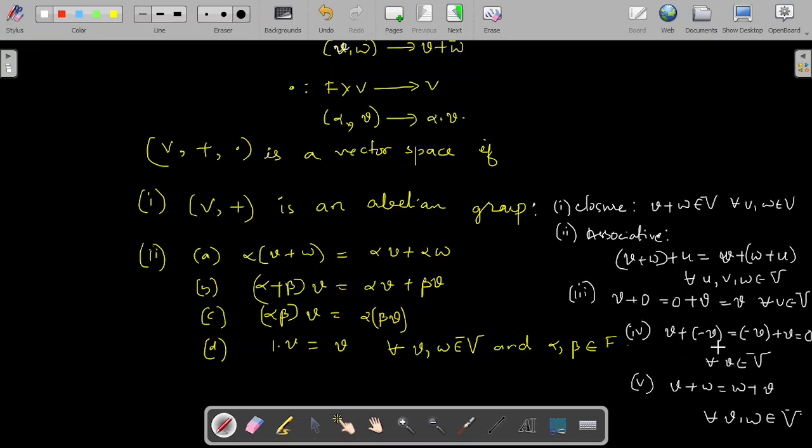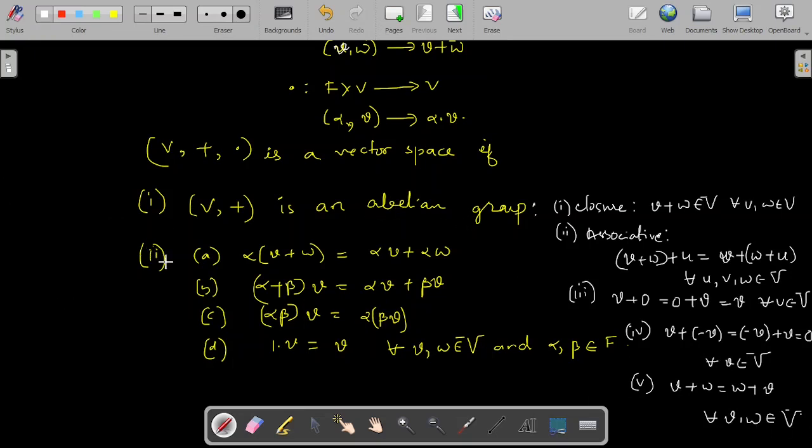Existence of additive inverse: minus v is the additive inverse with respect to the given vector v. Next, v plus w equal to w plus v, that is the commutative law, because it should be an abelian group, for all v, w belongs to V.